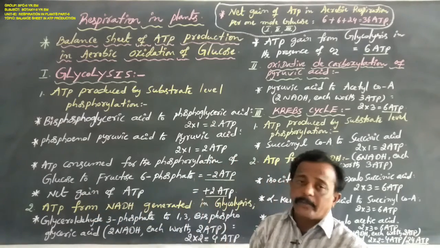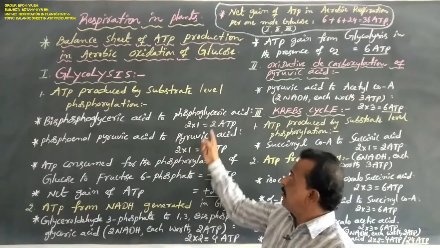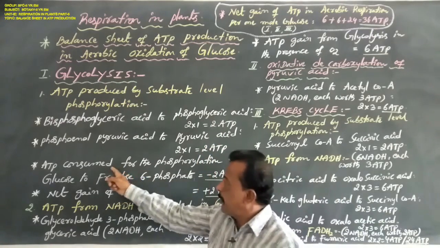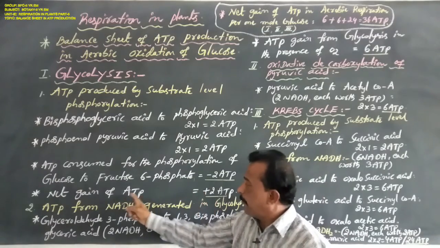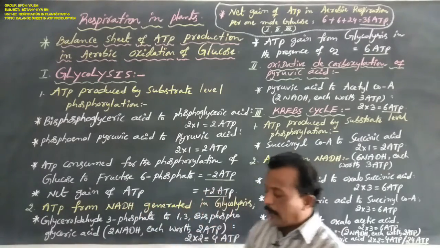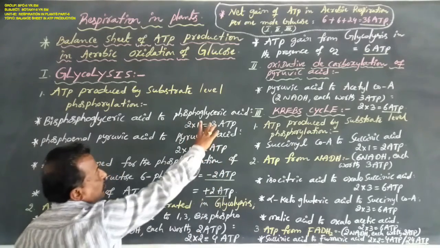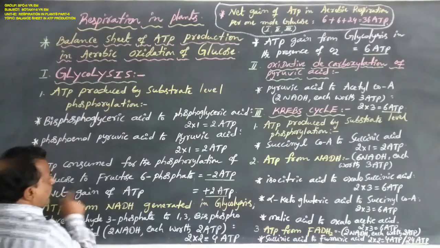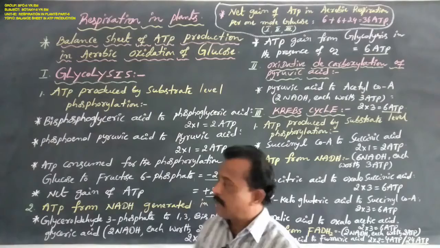Substrate level phosphorylation gives 2 plus 2, 4 ATP, minus the consumed 2 ATP. So the net gain is 4 minus 2, that is equal to 2 ATP molecules.